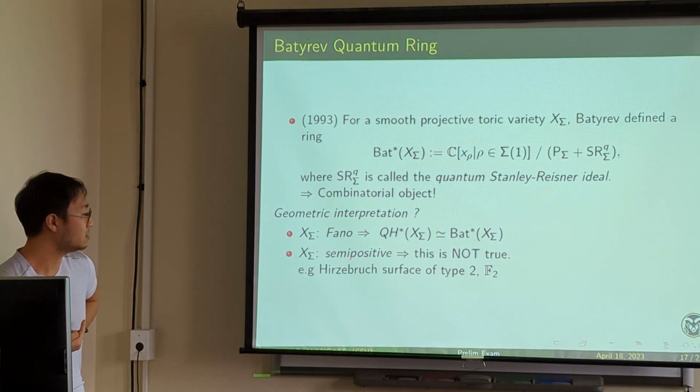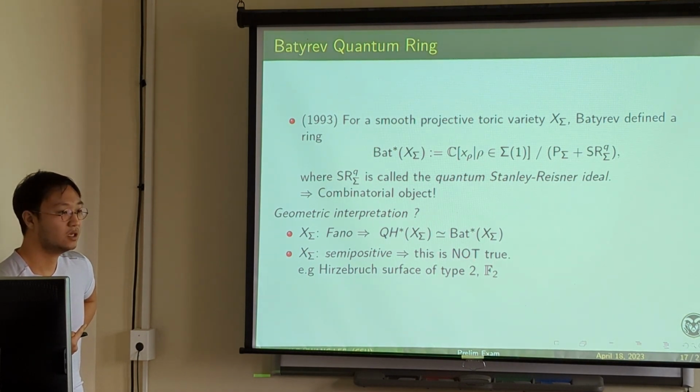That's called the semi-positive condition. More precisely, the anti-canonical bundle is numerically effective. And in this case, this equality does not hold. That is shown from the example of the Hirzebruch surface of type 2.